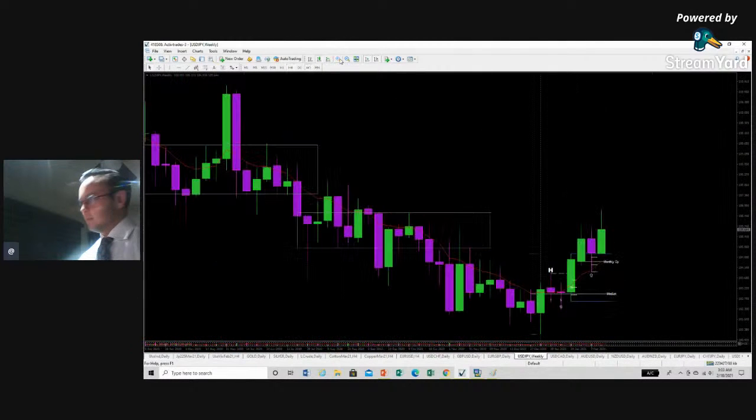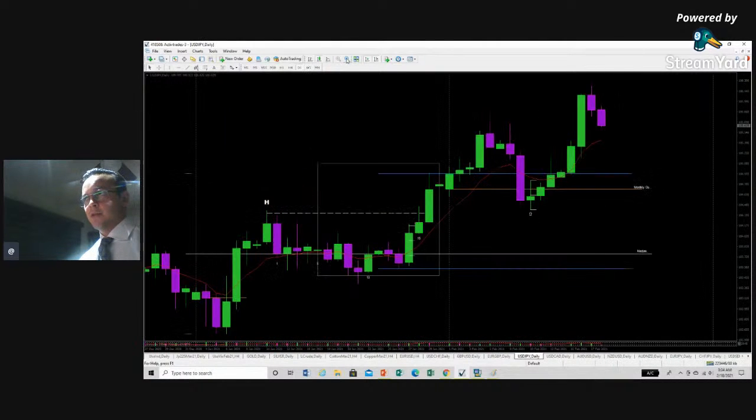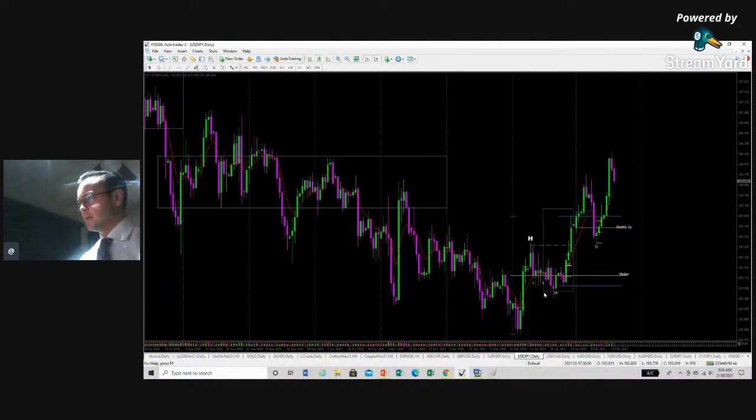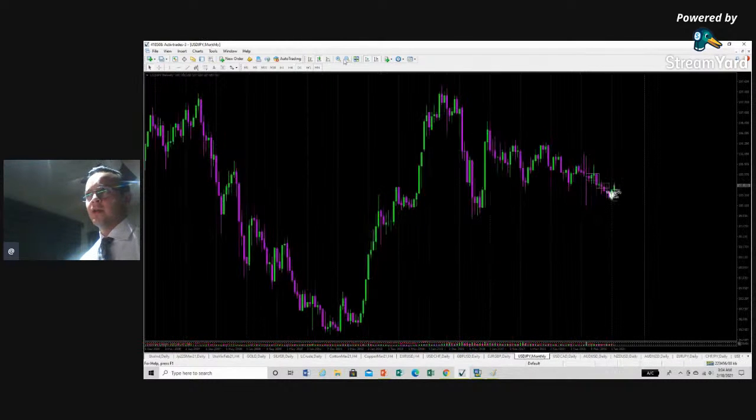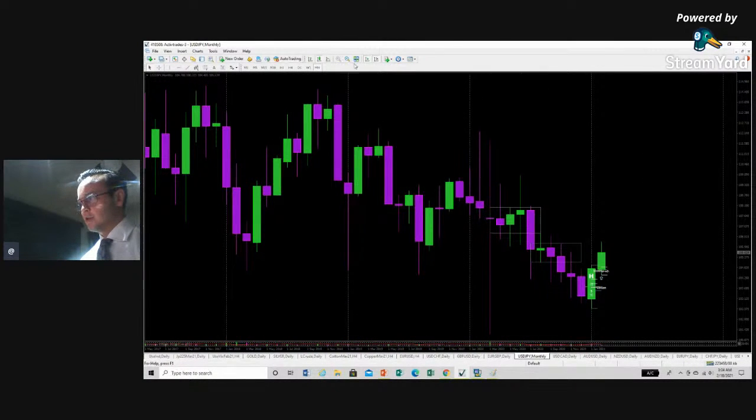If we look at the weekly, this is the candle over here that creates the range in which we have our execution price. So as long as the price is inside this range, we are in a valid area to execute a trade and look at a possible deviation.